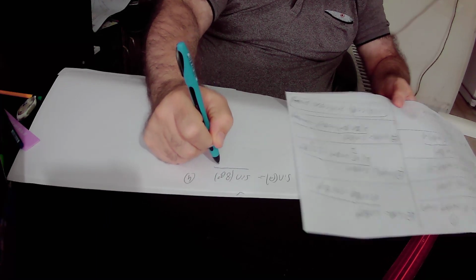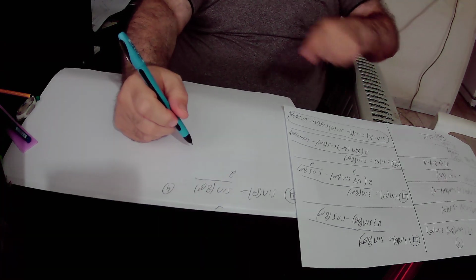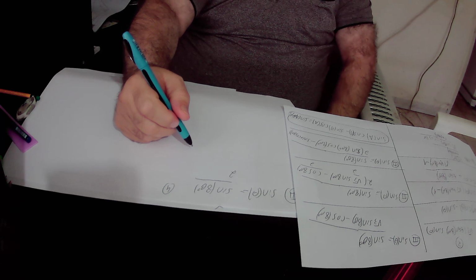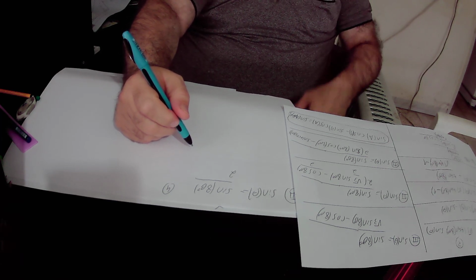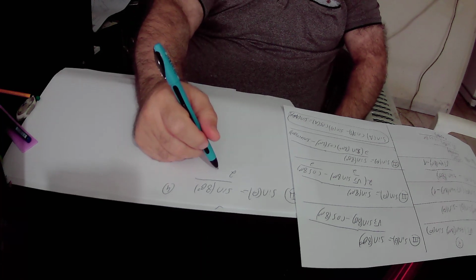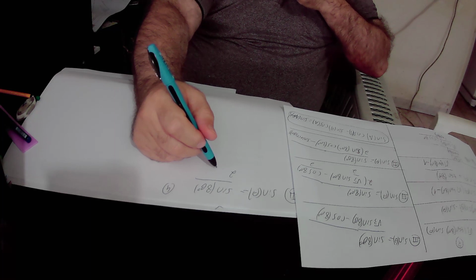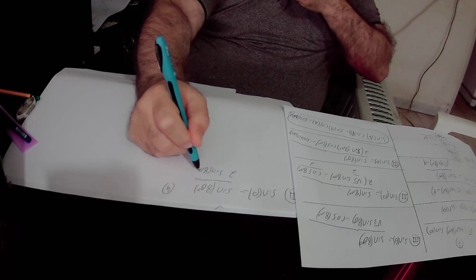over 2 times, here, sine 80 degrees times cosine 30 degrees minus sine 30 degrees times cosine 80 degrees will be equal to sine A minus B according to this trigonometric identity, where A equals 80 degrees and B equals 30 degrees.